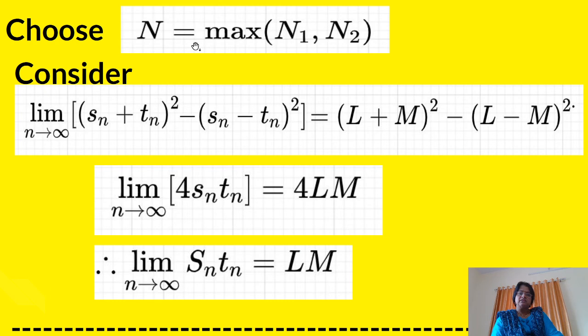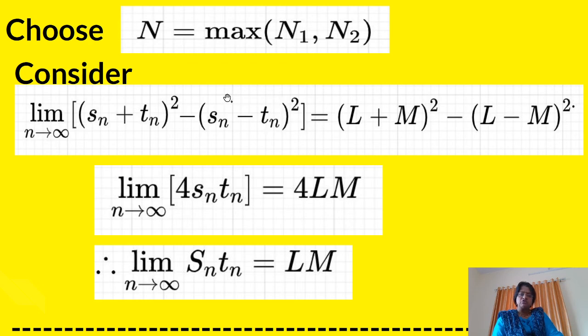Now choose N equal to the maximum of N1 and N2, and consider the expression limit n tends to infinity of (Sn plus Tn) whole square minus (Sn minus Tn) whole square, which is equal to (L plus M) whole square minus (L minus M) whole square.